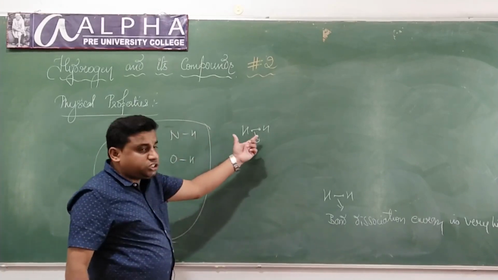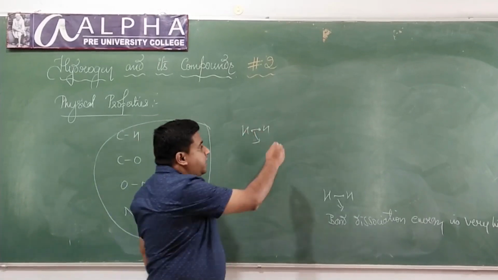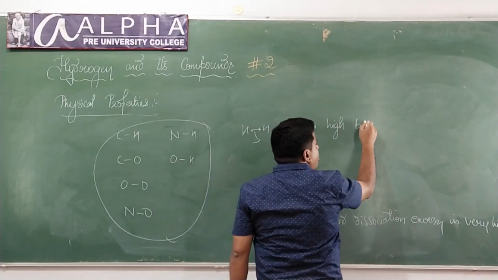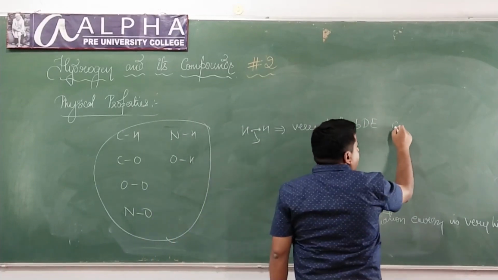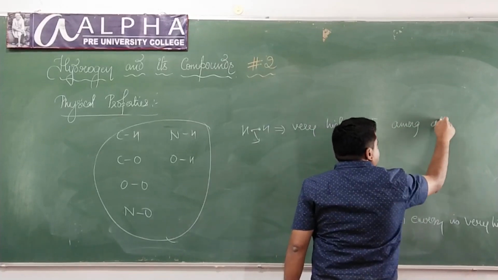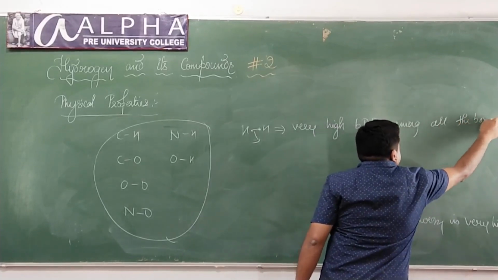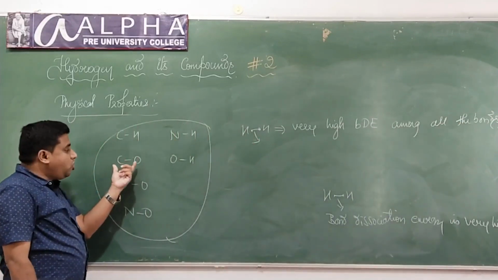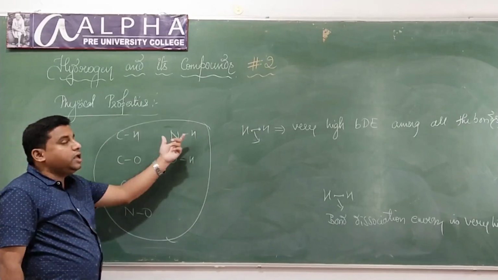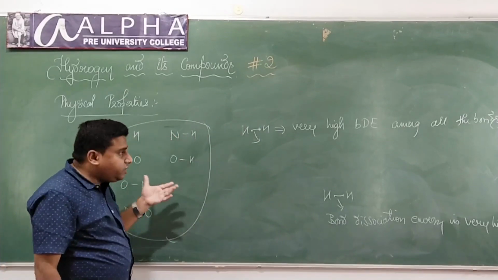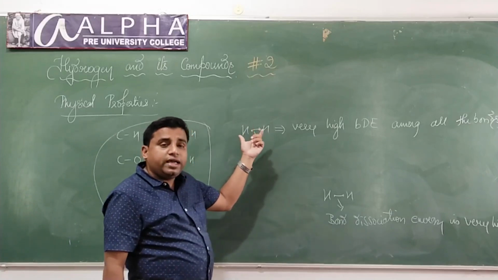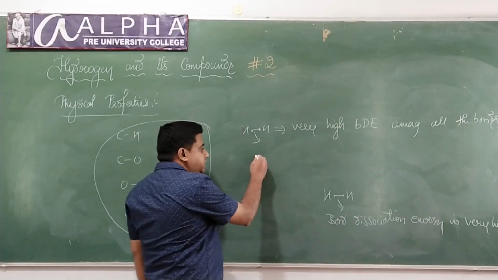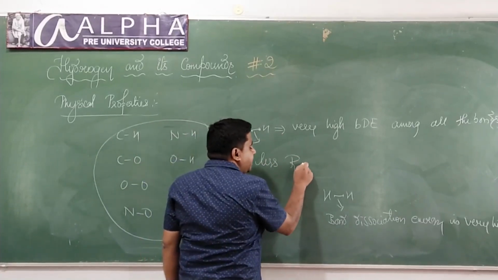That means in the hydrogen molecule, this bond has a very high bond dissociation energy among all the bonds. Since it has a very high bond dissociation energy, this is less reactive.